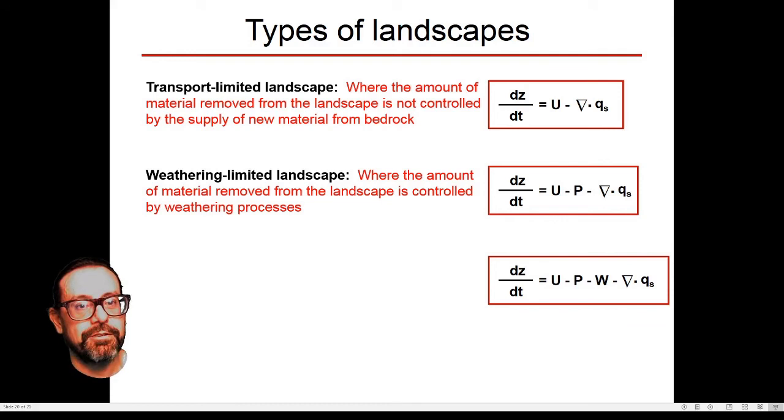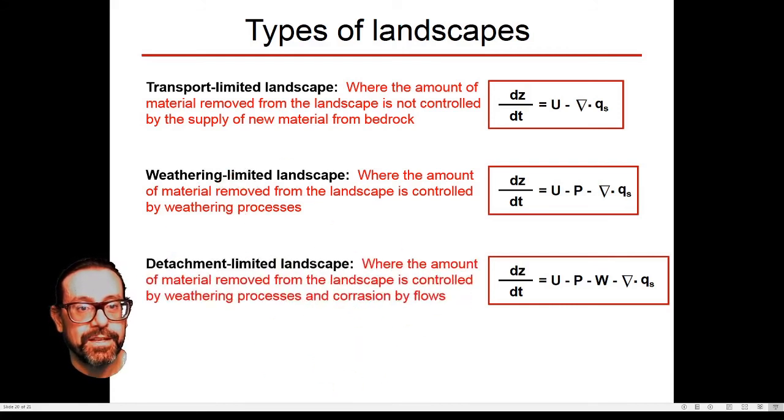That's where the amount of material removed from the landscape is controlled by weathering processes that break rock down, but that rock material is broken down in situ and is not transported away. And then we have detachment limited landscapes, and that's where the amount of material removed from the landscape is controlled by both weathering processes that break the rock down and leave it in place, but also by wear of bedrock or corrasion of bedrock by flows.